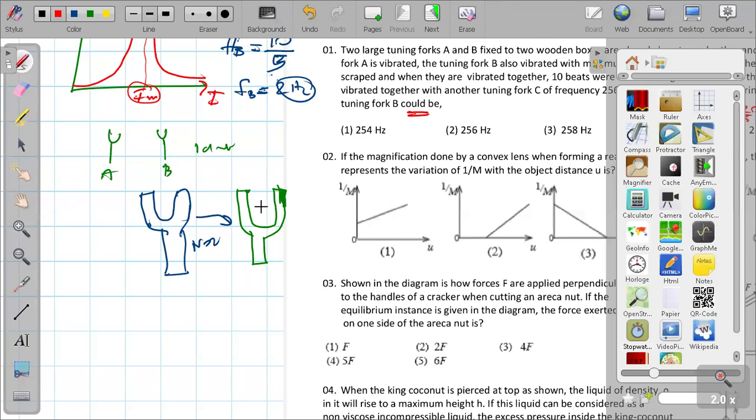Not like Usain Bolt. It is the same way this can vibrate very fast. I hope you understand.